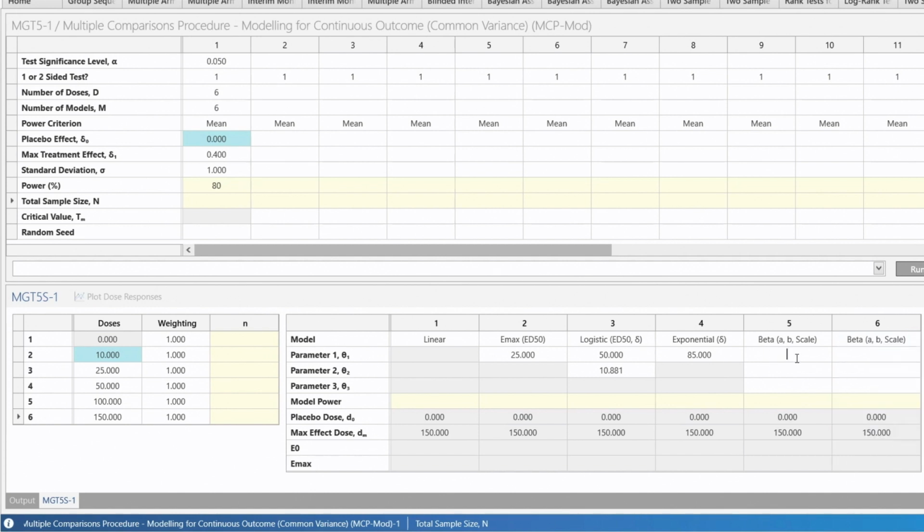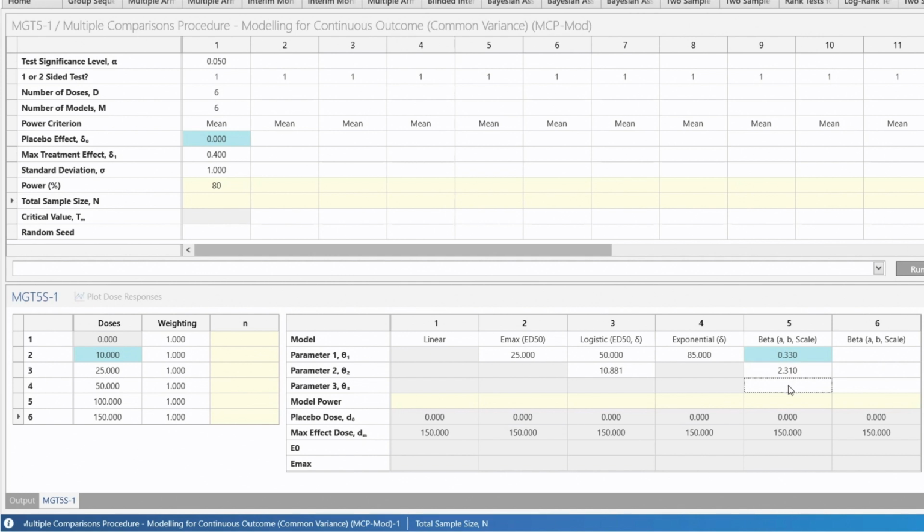That can be done flexibly using the 2 shape parameters of the beta distribution. In this case, the first model has an A parameter of 0.33 and a B parameter of 2.31. This would give a monotonically increasing curve, similar to our other models.